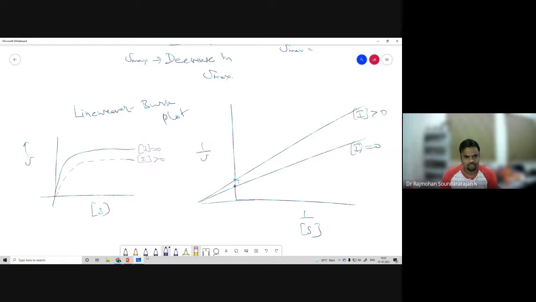The Vmax value is decreasing. Your Vmax value is getting decreased. That is what we observe from this plot also. If you plot any experimental values, you will get a Lineweaver plot like this and a Michaelis-Menten plot like this.